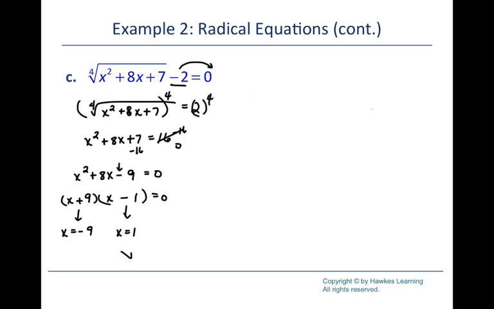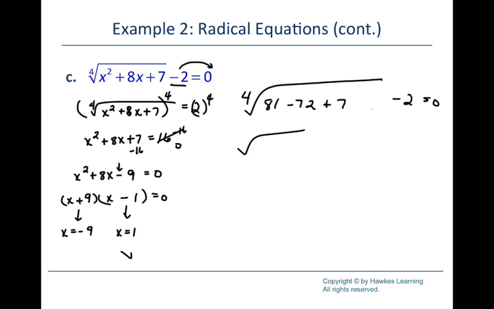And check our -9. So we want the 4th root of -9 times -9 is positive 81. -9 times 8 is -72. Plus 7, then minus 2 equals 0. So the 4th root, 81 minus 72 is 9. 9 plus 7 is 16.